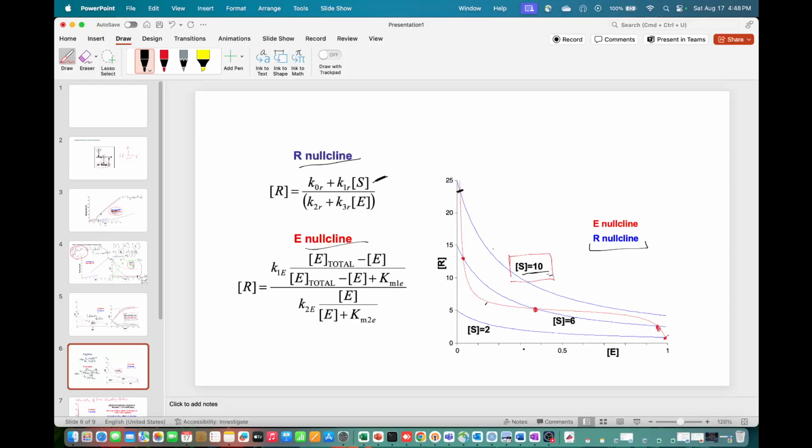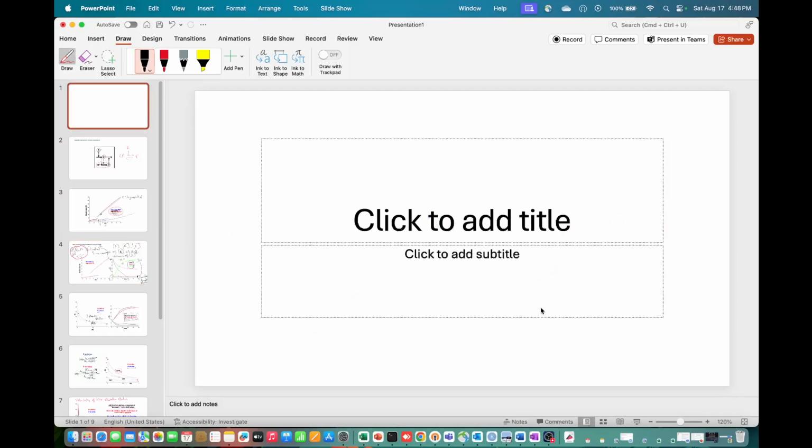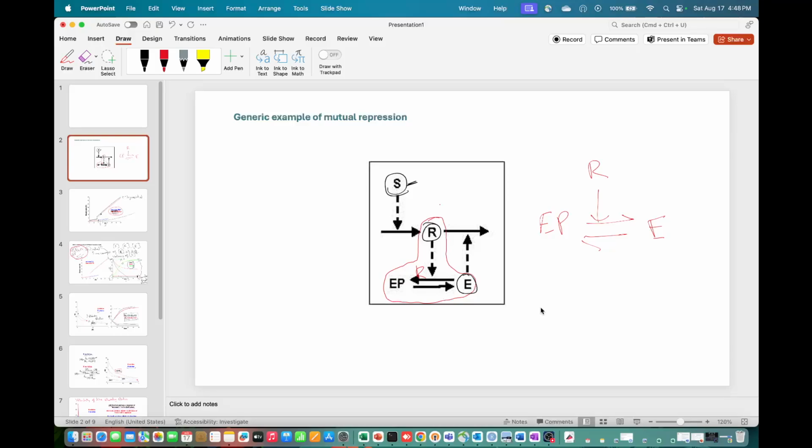If you decrease it from there, it will go down to 1 again. So this is how a mutual repression network works, right? This was a generic example of a mutual repression. Sir has given you many more examples of positive feedback loops and those things, so I thought I'll tell you a slightly different one. So this is how a mutual repression works.